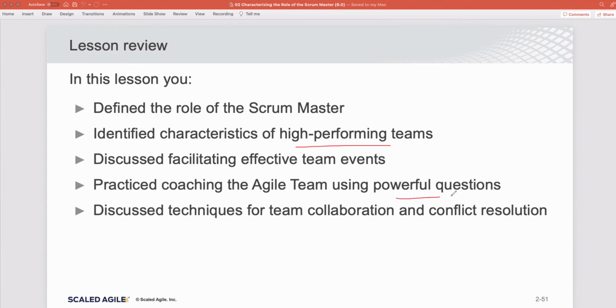We talked about coaching through asking questions. We talked about conflict resolution, establishing working agreements, arriving at a consensus. We talked about dysfunctions on a team, right? So that was our lesson number 2. Was that cool? Yep. All right, great.